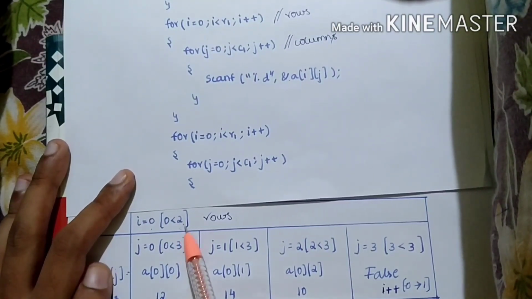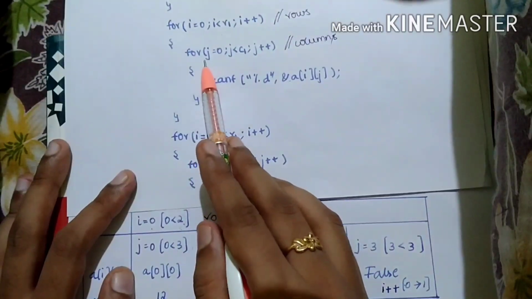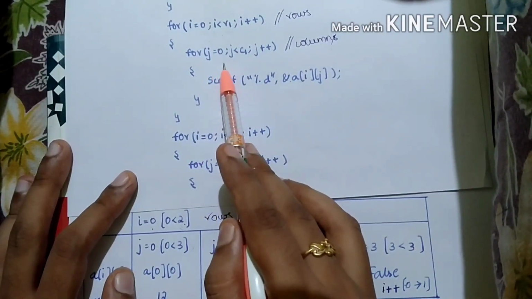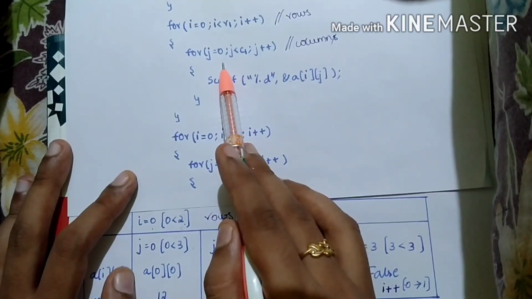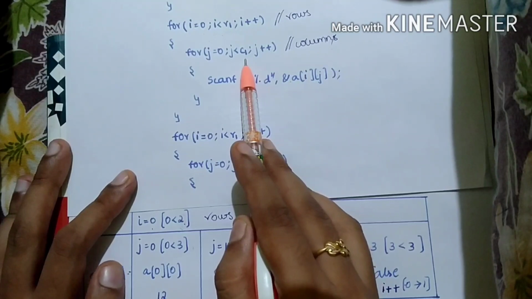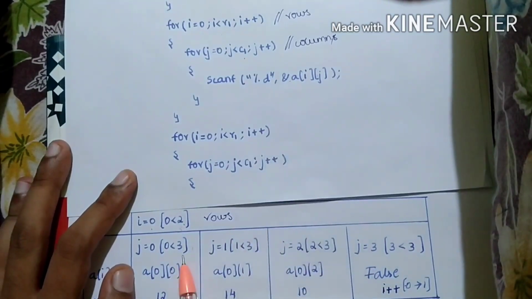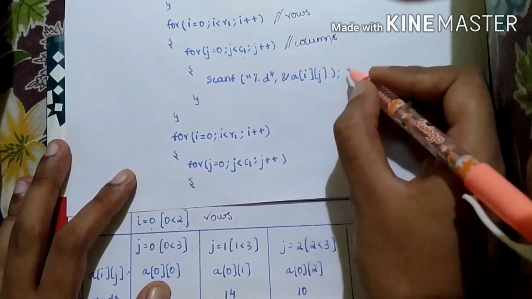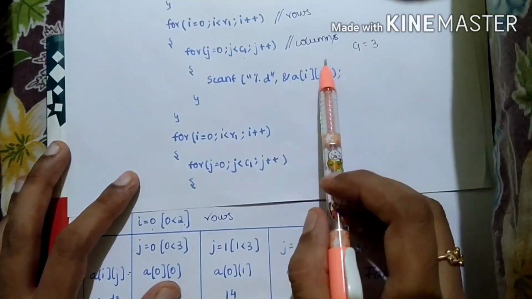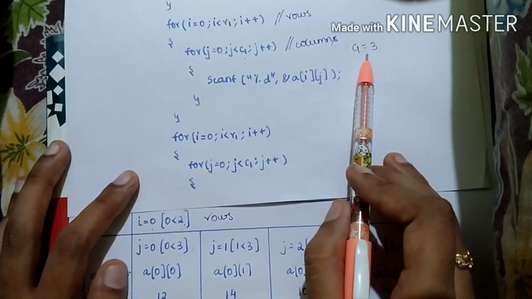It's true, so it goes into the other for loop. So here j value is 0. Initial value is 0. This 0 is less than C1. C1 is 3. So 0 is less than 3.